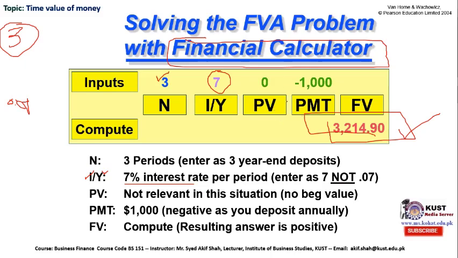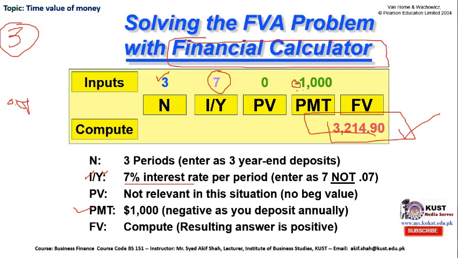PV: you are not required to calculate the present value, so it is 0. PMT represents the payment, which is negative $1,000 as you deposit annually. This negative sign is written because you as an investor are supposed to deposit $1,000 at the end of each financial year.